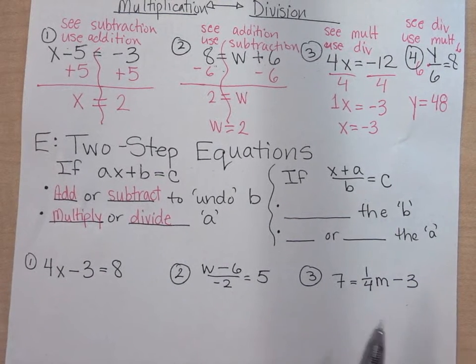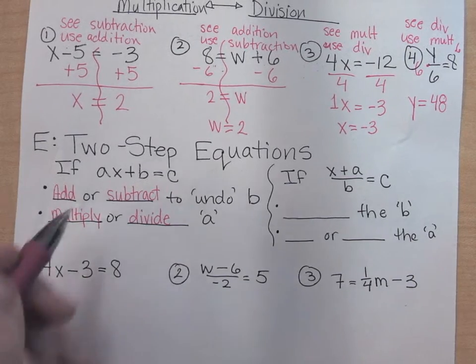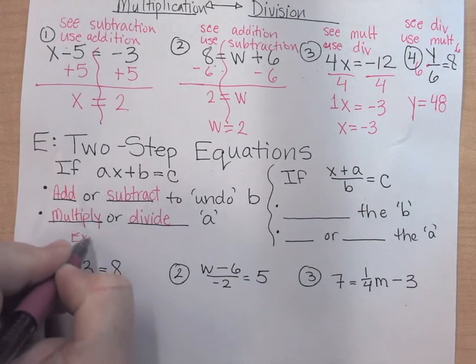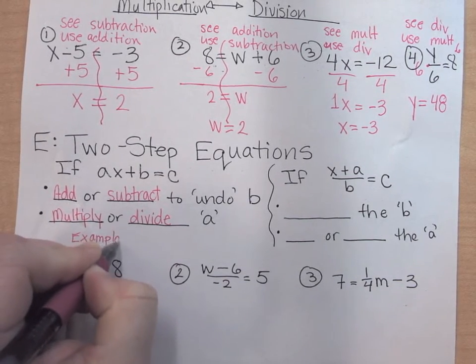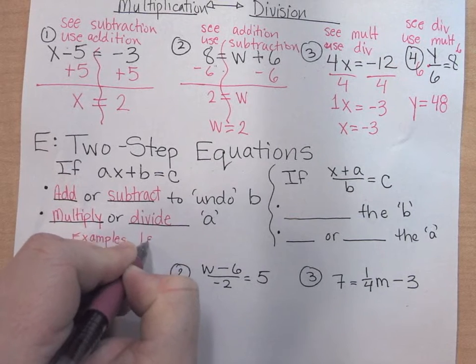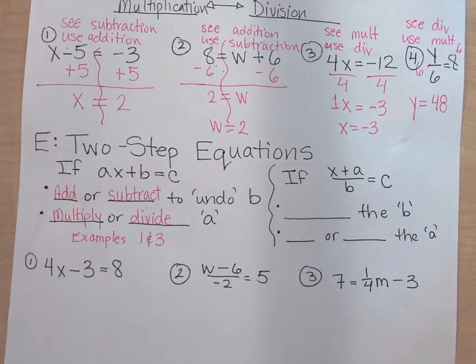No. Does number 3? Well, yes, it's just flipped, right? So examples 1 and 3 are going to be like this first one. So it's going to tell us which steps to do in what order, okay? And then example 2 is going to be like our other option.